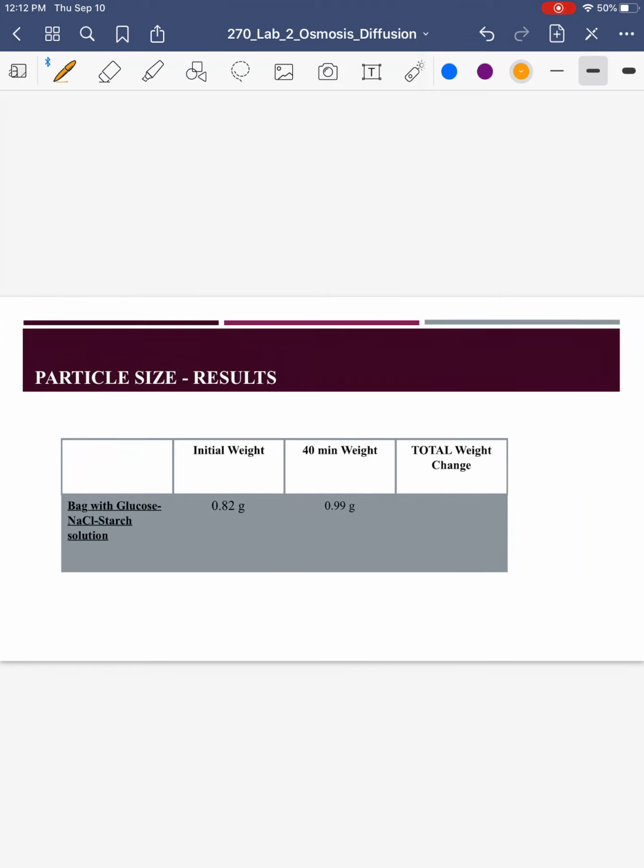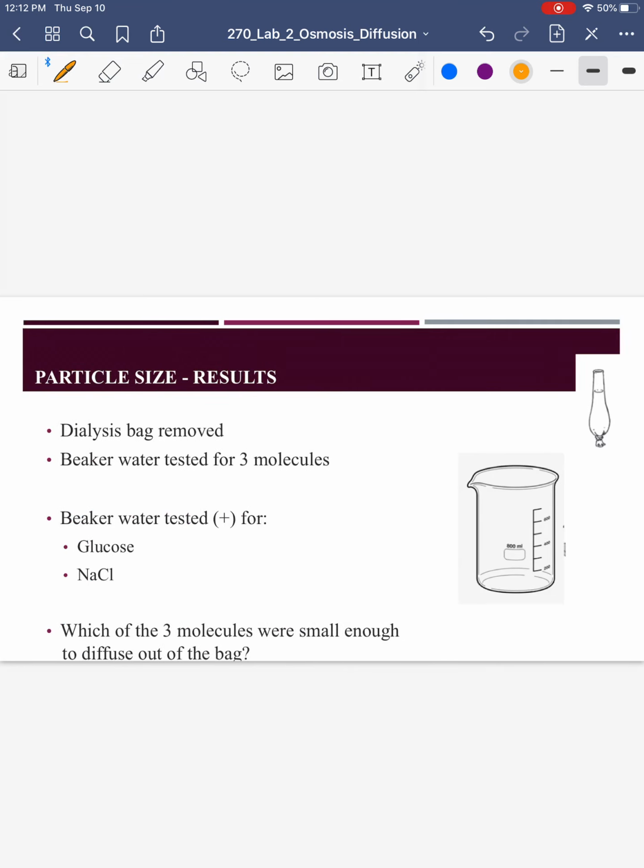Okay, so I've given you the results for the weight. We have our initial weight. We have the 40-minute weight of the bag, and you can see what the weight change was, and then you're going to figure out the total weight change. Pretty simple. And then, here's what we did. We took the bag out, and then we tested the beaker water.